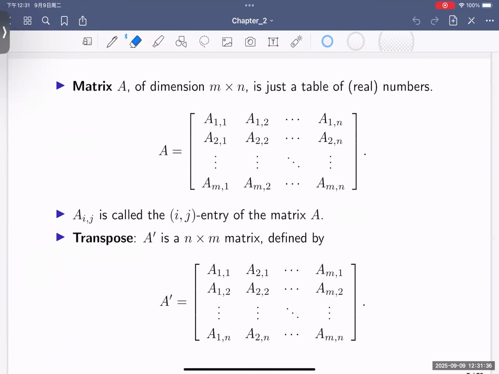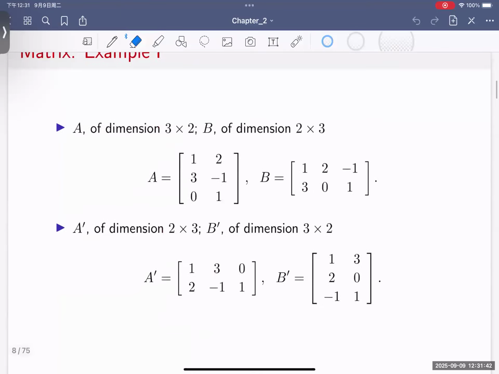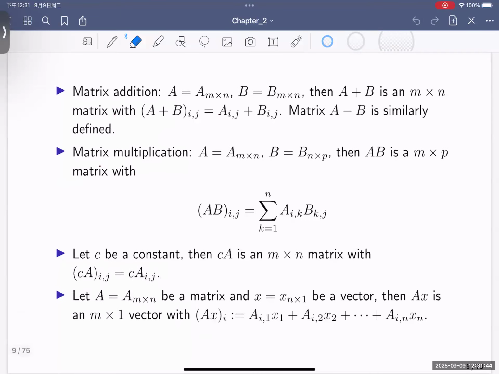This matrix has some calculations, including the transpose, the addition, and the multiplication. The key thing we should always keep in mind when handling matrices is that for matrix multiplication, the two matrices must have matched sizes.